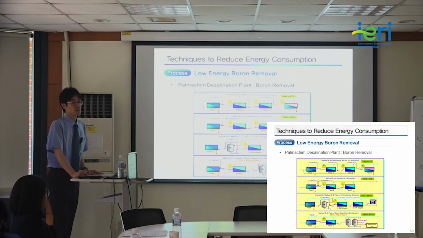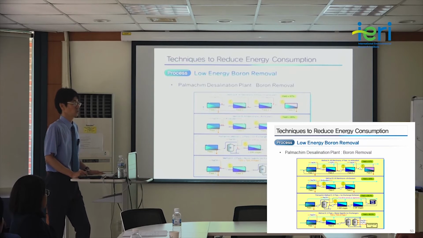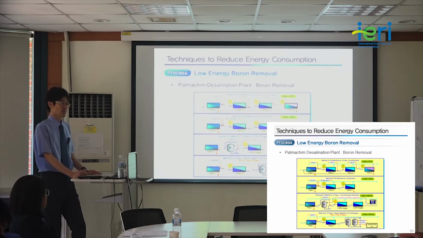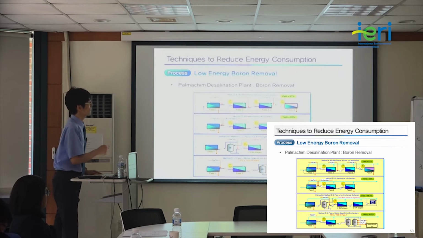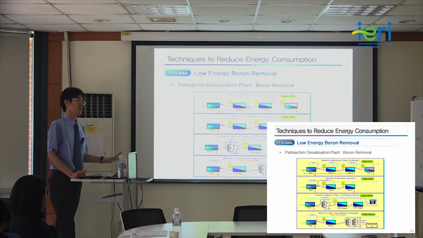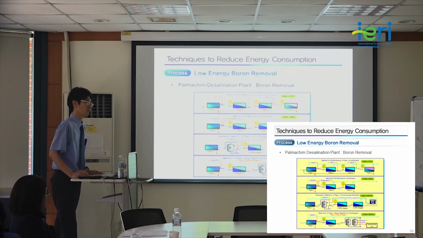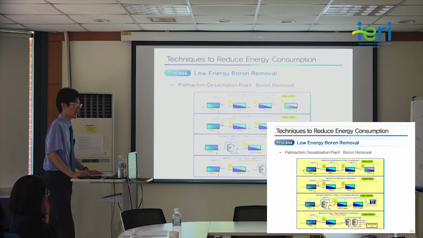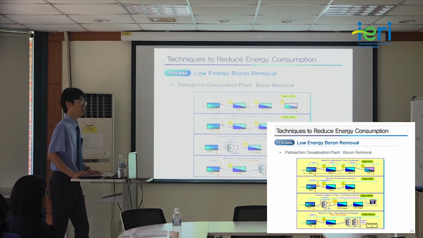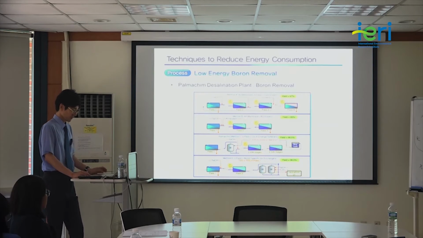So instead of spending electricity or energy, you have to spend some chemical to regenerate the resin. So people have developed the idea of combining ion exchange and second pass RO to both reduce the energy consumption and have an adjustable or manageable amount of chemical consumption.